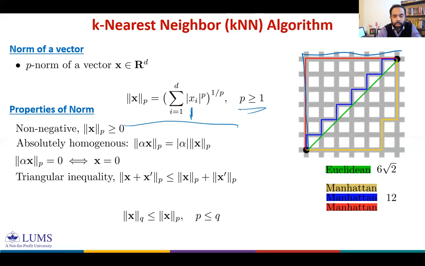So Manhattan distance is 12, Euclidean distance is 6 square root 2. I think that was all about norm which you need to know for now. We will talk about this function later in the course, along with some more nice properties and uses of the norm. Okay, so we have defined norm. Coming back to distance.